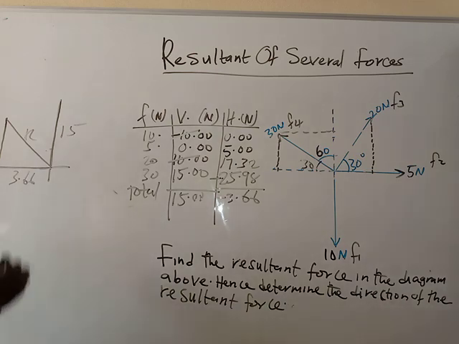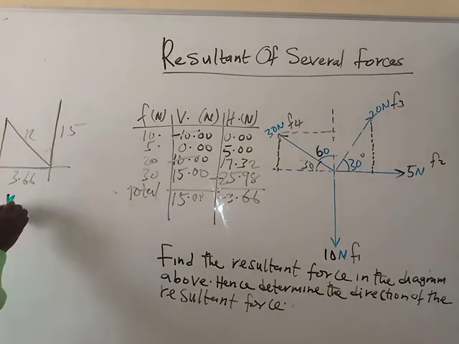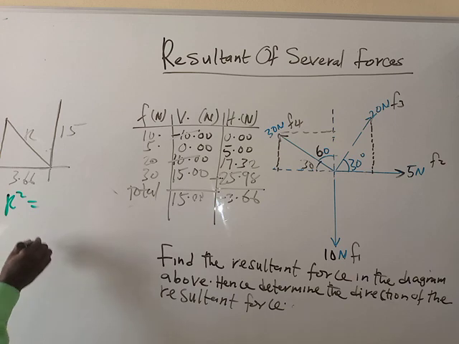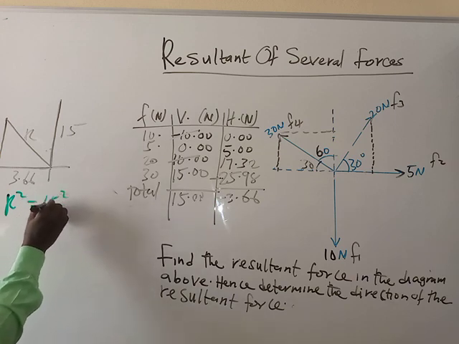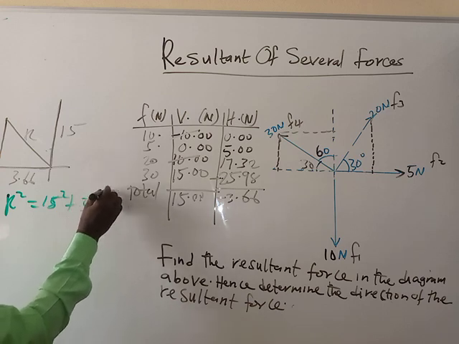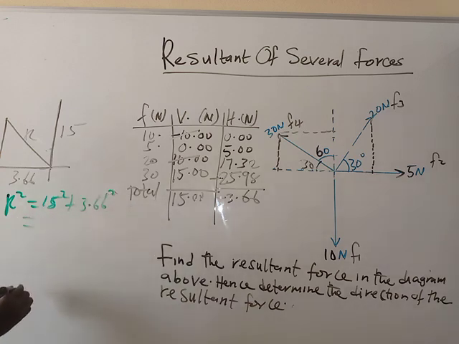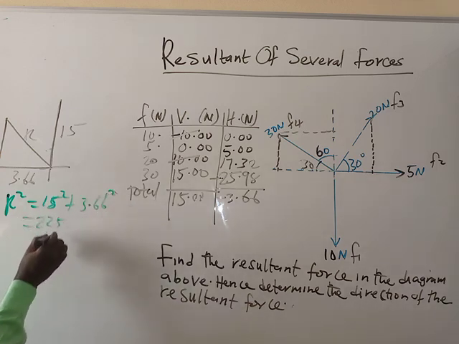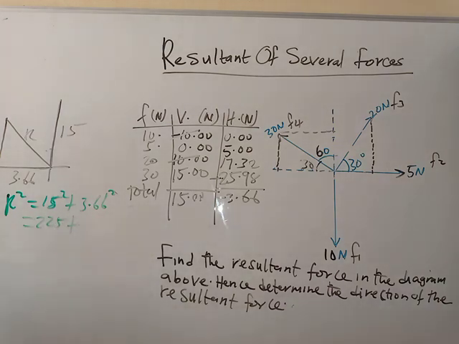So in that case, you are going to use R squared is equal to 15 squared plus 3.66 squared. So this will give us 225 plus 3.66 squared. 3.66 squared is 13.4 approximately.